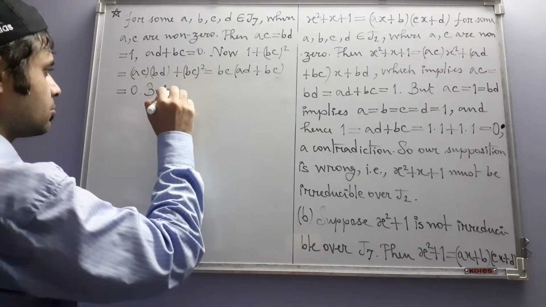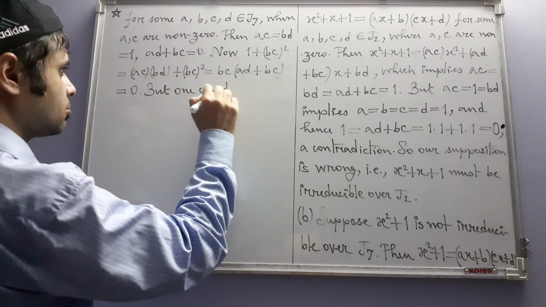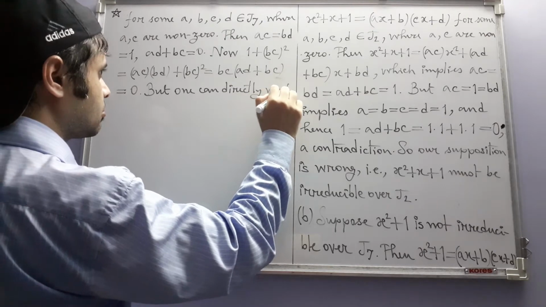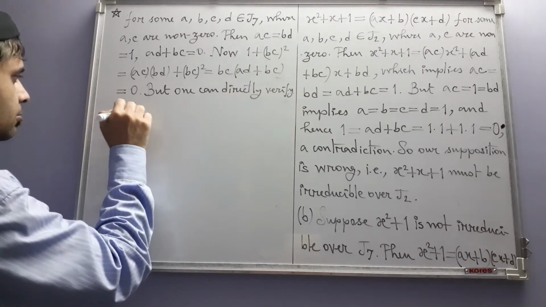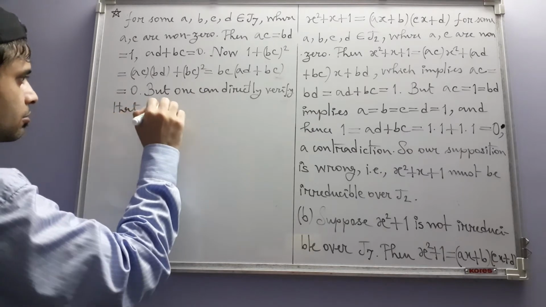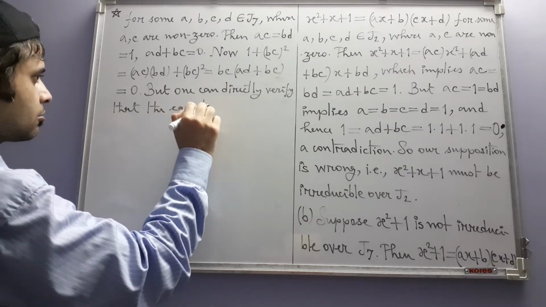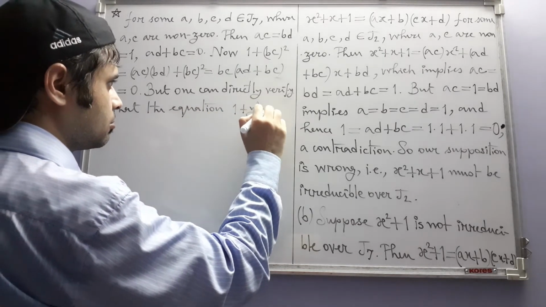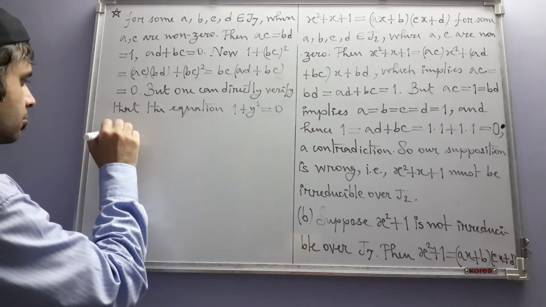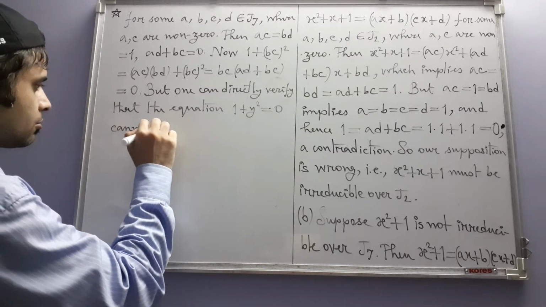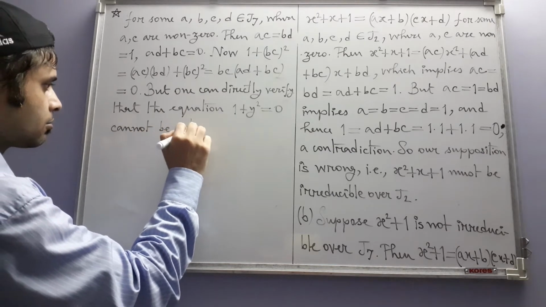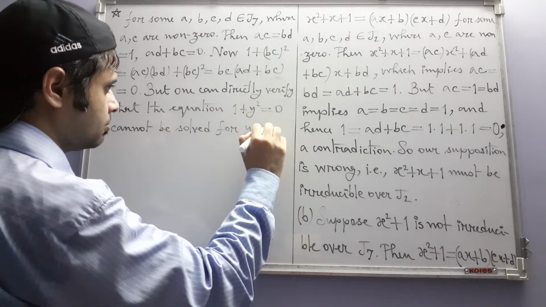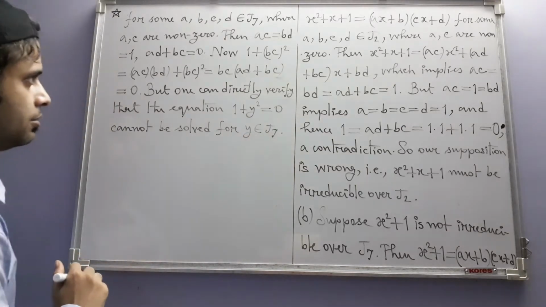But one can directly verify that the equation 1 plus y square equal to 0 cannot be solved for y belonging to J7.